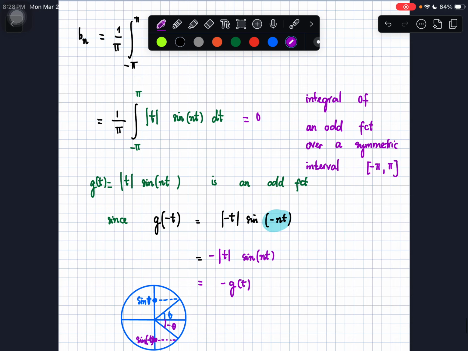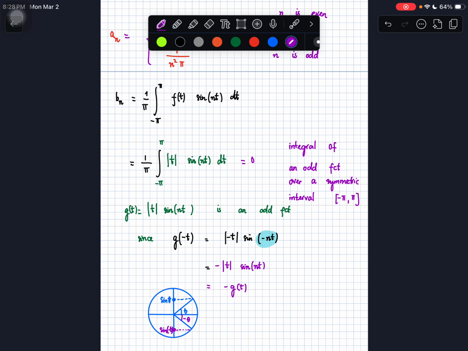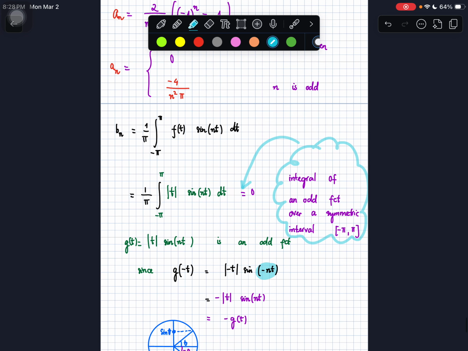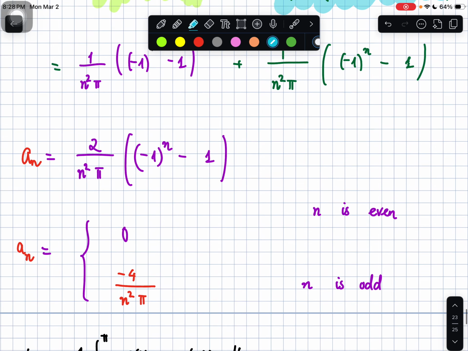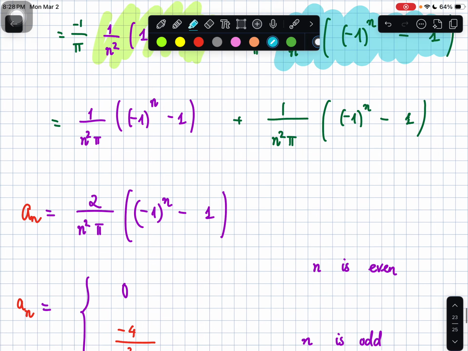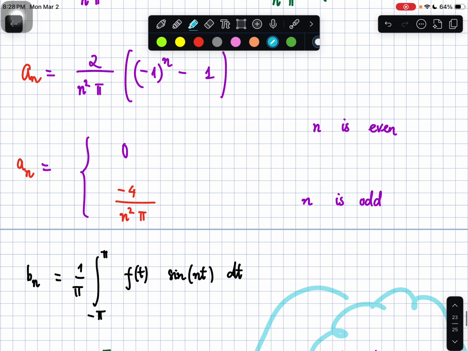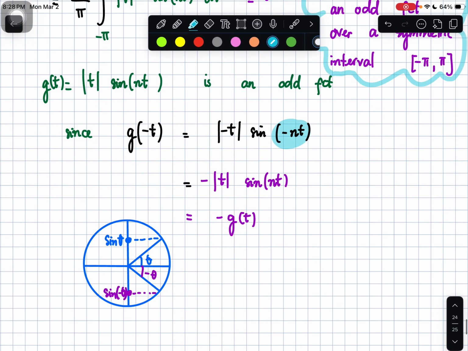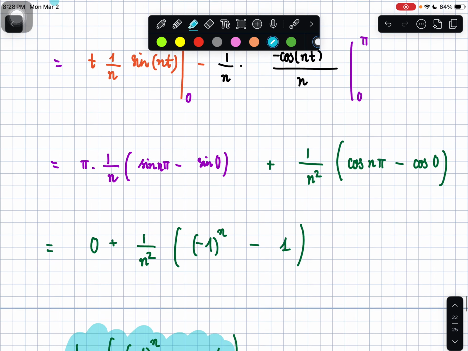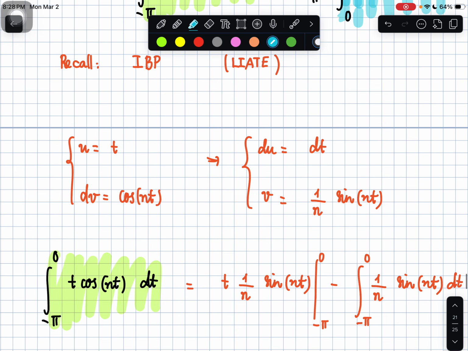So by this we don't need to compute that. Without doing all the computation, we know that this one will be 0. So Bn is 0 for all n. You have A0, An, Bn. We can plug in the formula. Fourier series. Now we have computed all the coefficients.